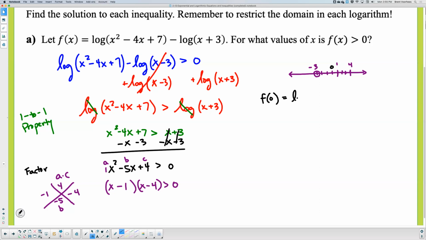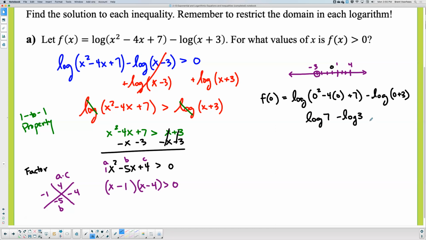What I have is log of 0 squared, which is 0, minus 4 times 0. I'll plug it in one time so you get to see it all. Plus 7 minus log of 0 plus 3, which means I'm looking at log of 7 minus log of 3.